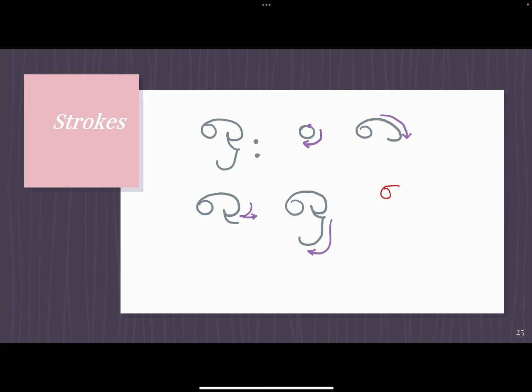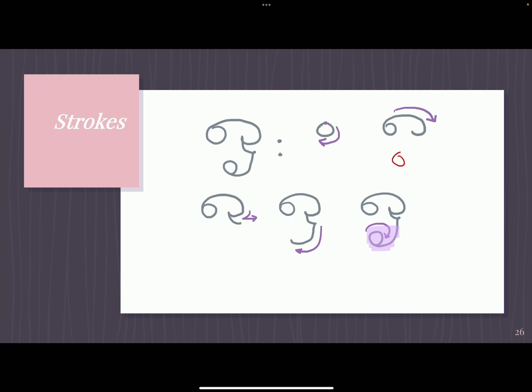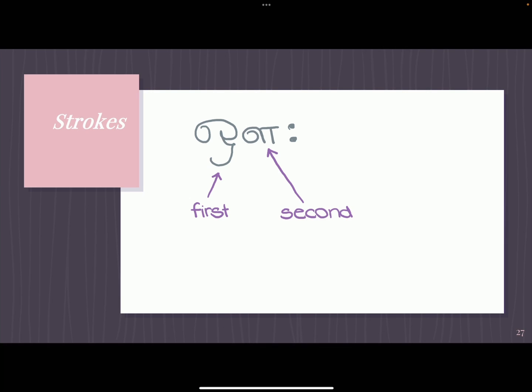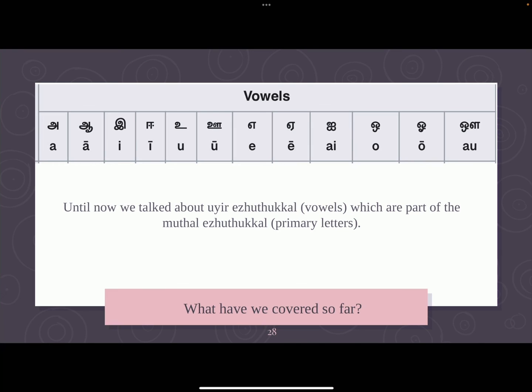Then we have O, the longer O, the AU, and that's it for the vowels.